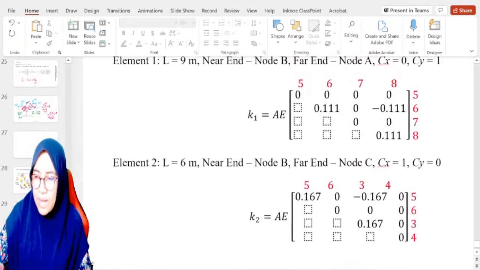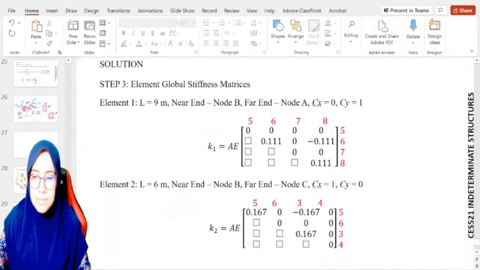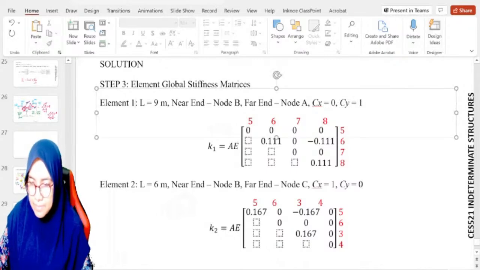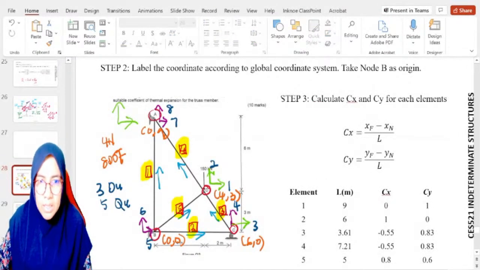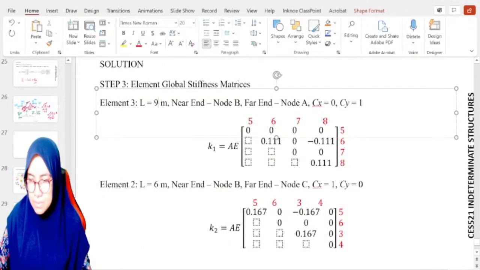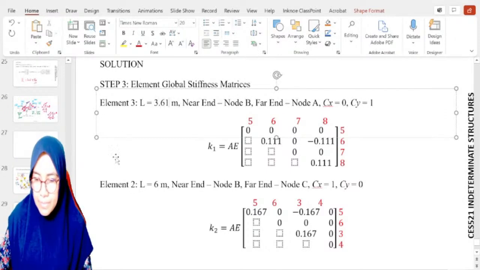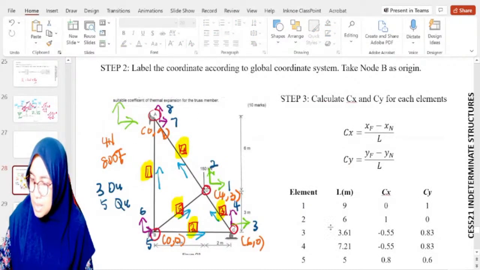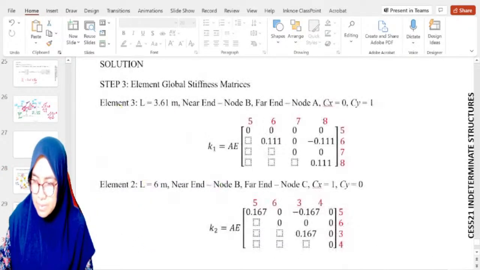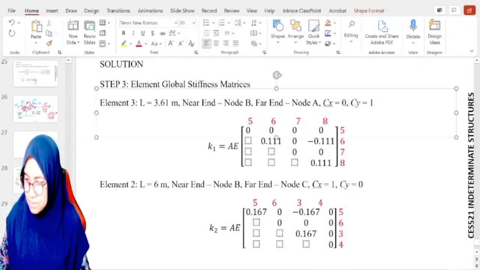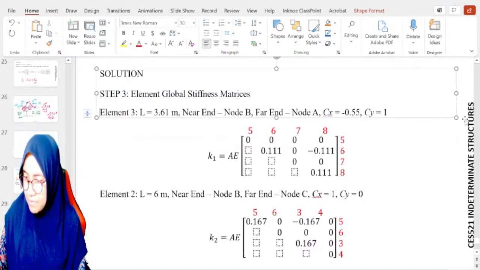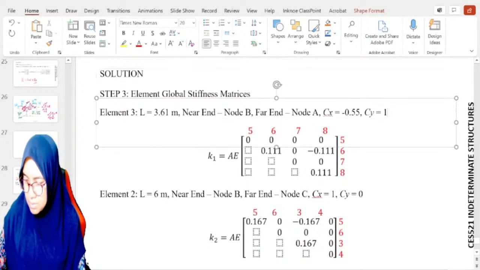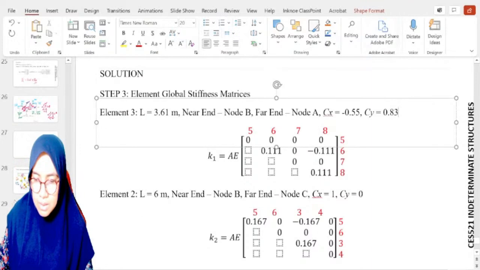So for element 3, back to this. Element 3, we have 3.61 length, and then negative 0.55 and 0.83 positive.